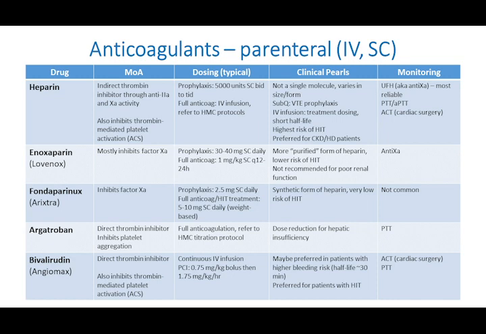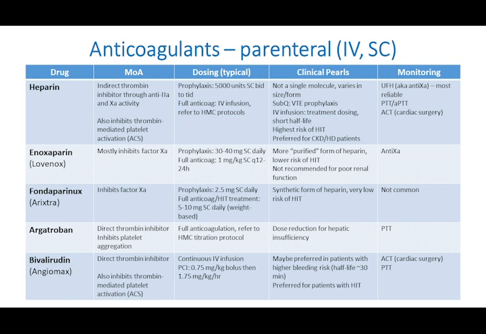The third agent, you probably won't see this a lot. It is fondaparinux. It is also another factor 10A inhibitor, similar to heparin and Lovenox. It is also dosed subcutaneously, with prophylaxis dose being 2.5 milligrams daily, and a full anticoagulation dosing is usually 5 to 10 milligrams sub-Q daily, and that's usually weight-based.